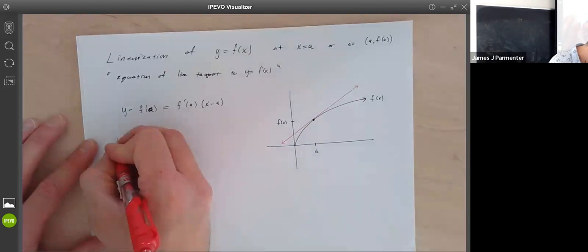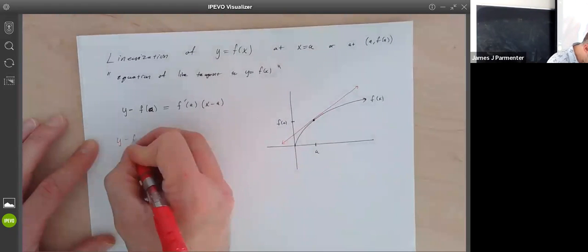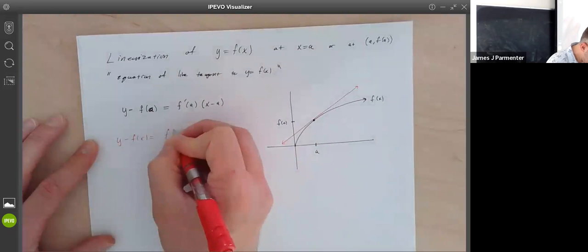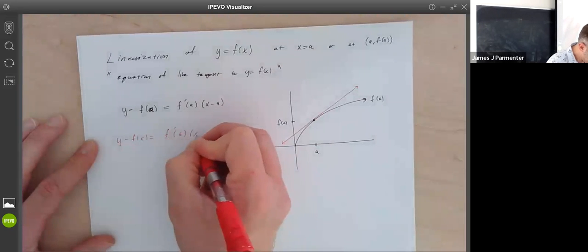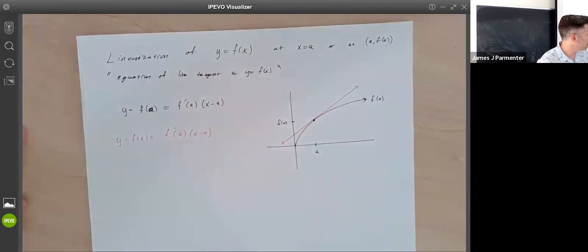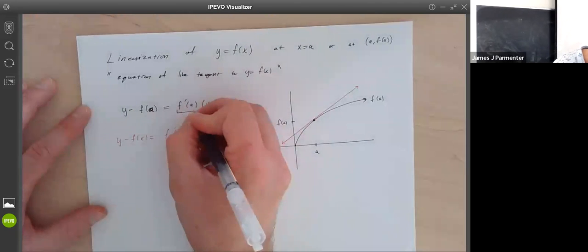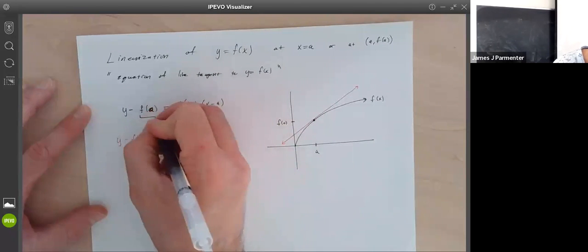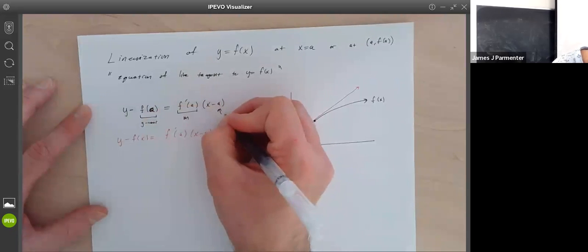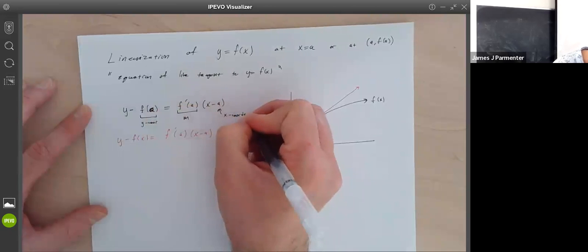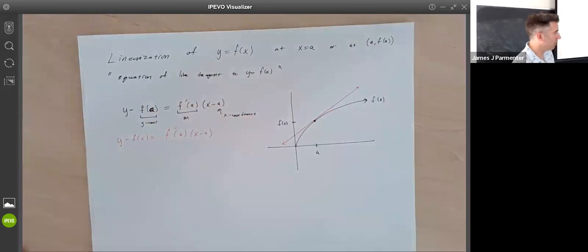It's y minus the y coordinate, that's f of a, equal to the slope. I'm really just writing the same thing again. There's our slope, there's our y coordinate, there's our x coordinate. Usual point slope formula of the line.